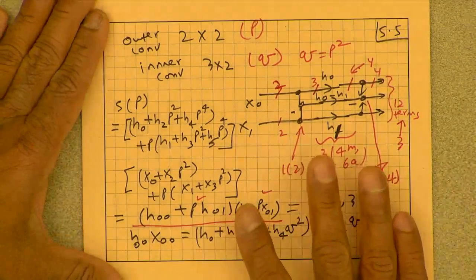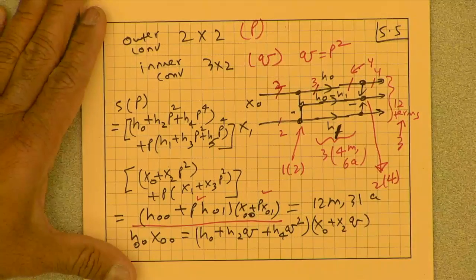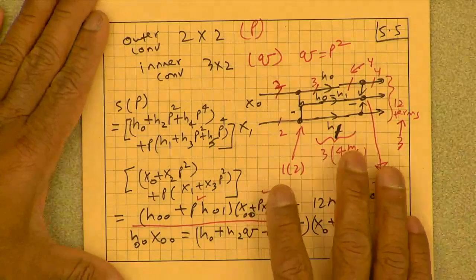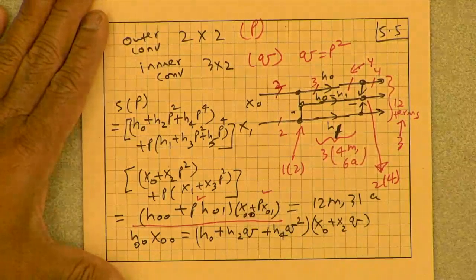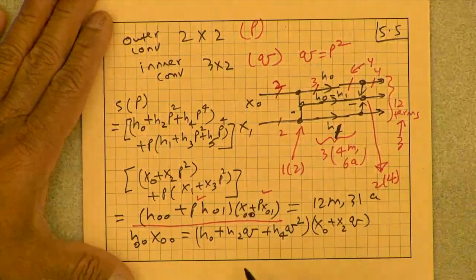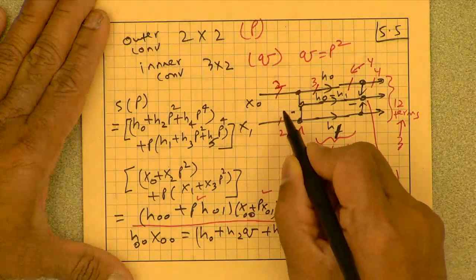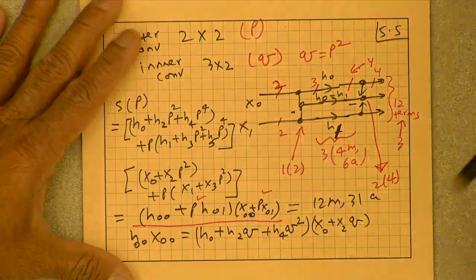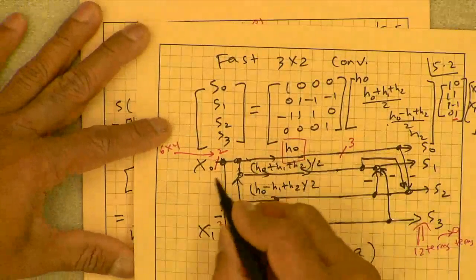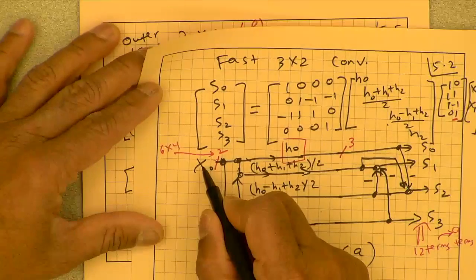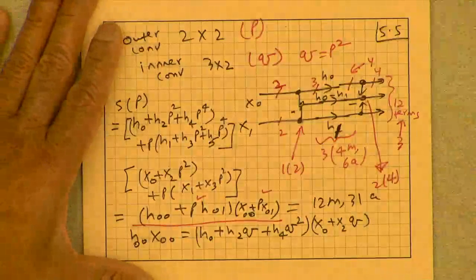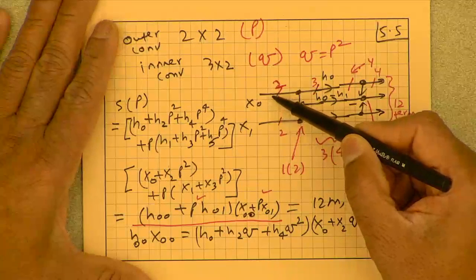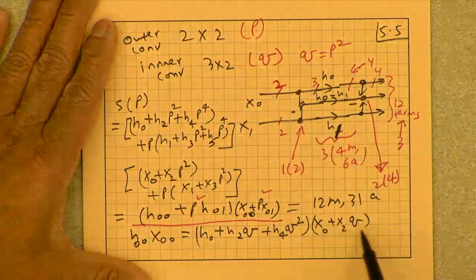What you will see here is the difference between the diagram here and the diagram there: this x0 is x0 plus x1 p, whereas this x0 here is x0 plus x2q.